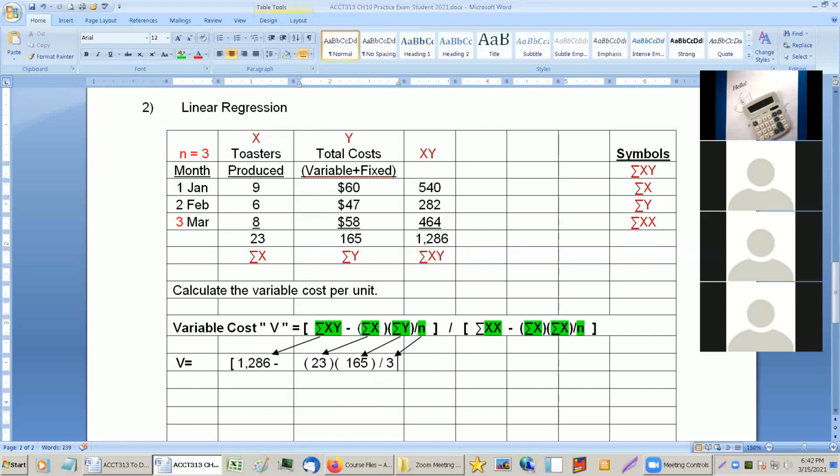And put the brackets around it. Okay, so that's one side.